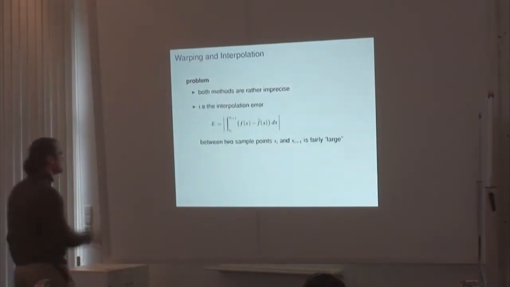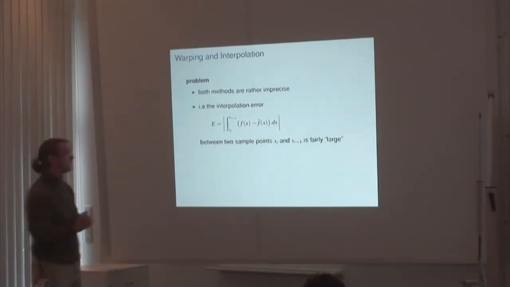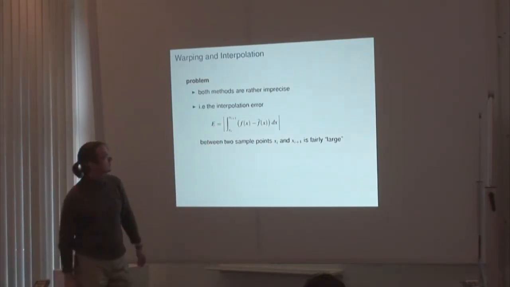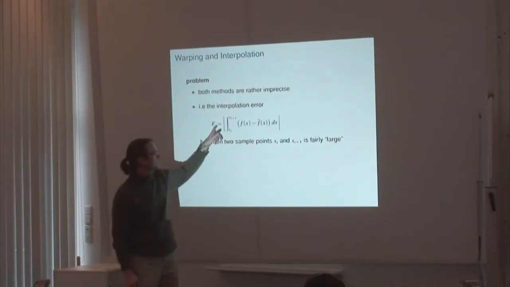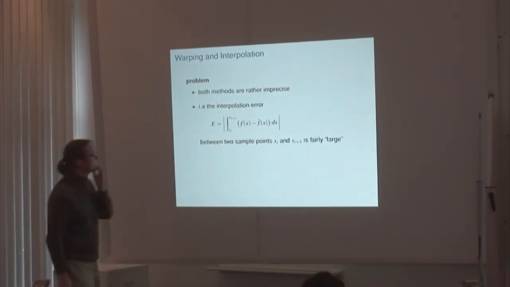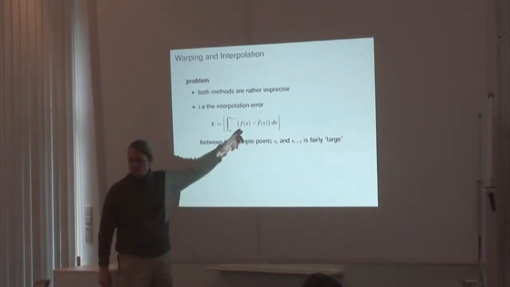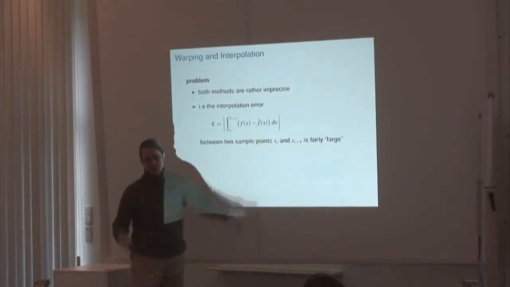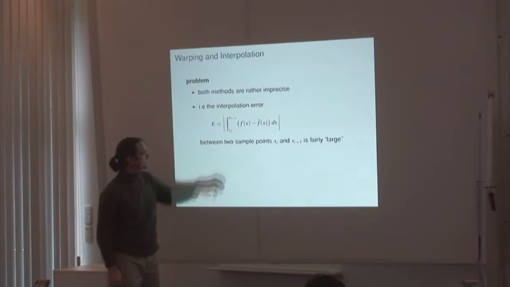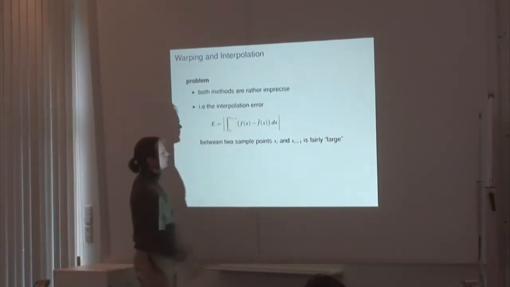Which is to say, we can make this notion of imprecision rigorous. We could compute the interpolation error. That is the distance, or let's call it a distance, between the original function, the blue one for our didactic purposes, and the one we have interpolated from the sample points. We can express this as an integral, and since it's supposed to be a distance, we take the norm of that integral.